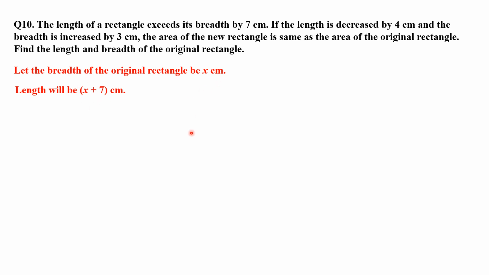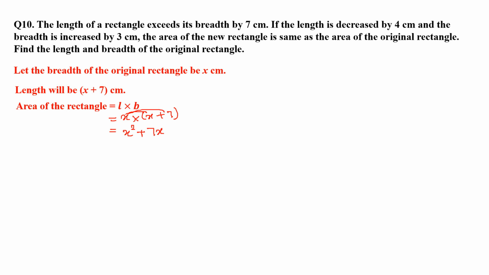We all know that the area of a rectangle is length into breadth, right? So I am writing first breadth, which is x into x plus 7. Now use the distributive property. x into x will give me x square plus x into 7 will give me 7x. So this is the area of the original rectangle.